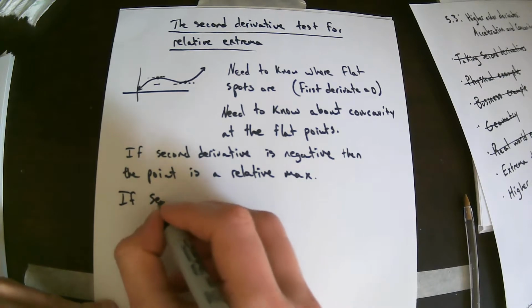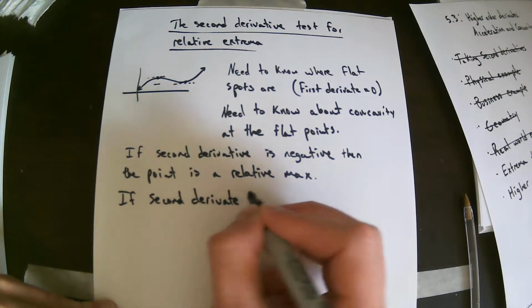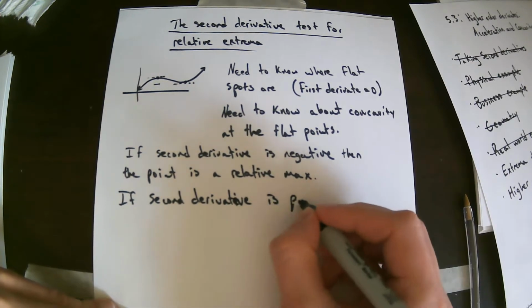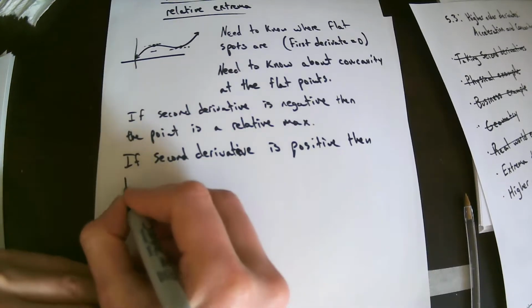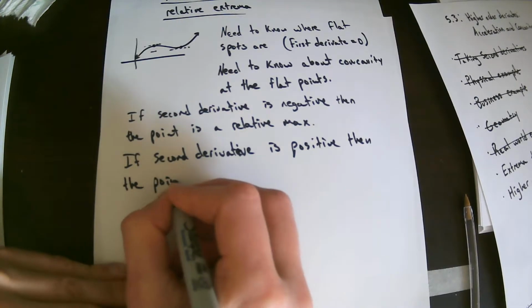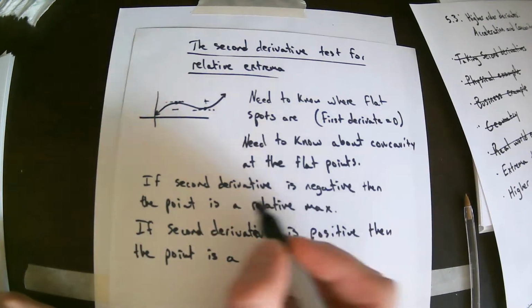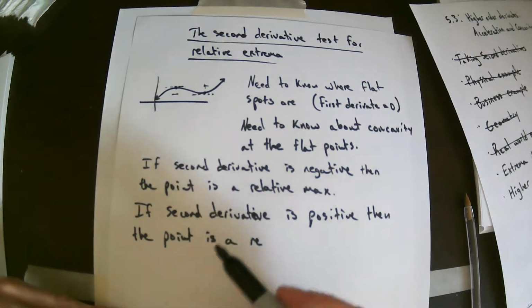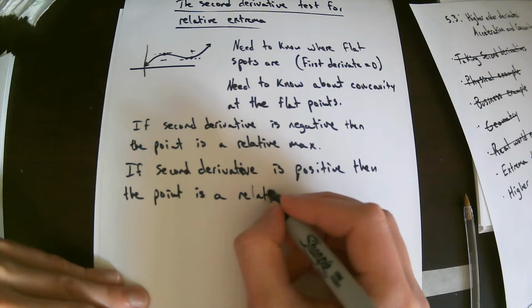And if the second derivative is positive, oh, I'm about to do it again, if the second derivative is positive, then the point is a relative min, like this, right? Positive concavity, concave up, positive second derivative, that means that point is going to be a relative minimum.